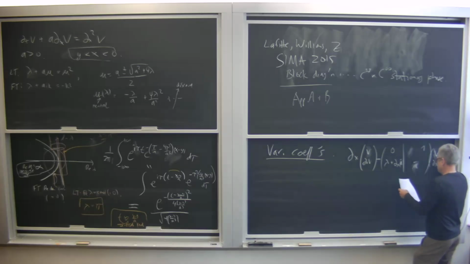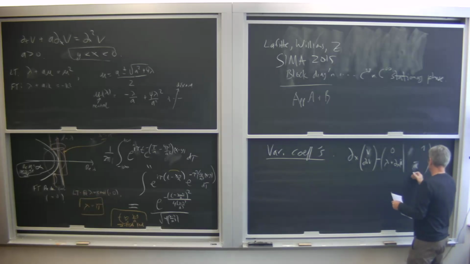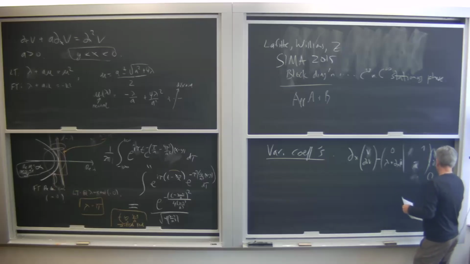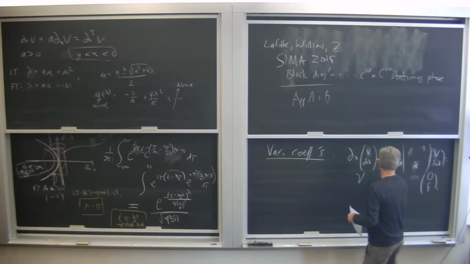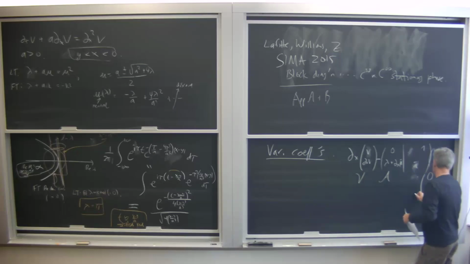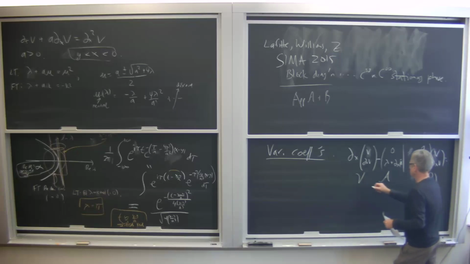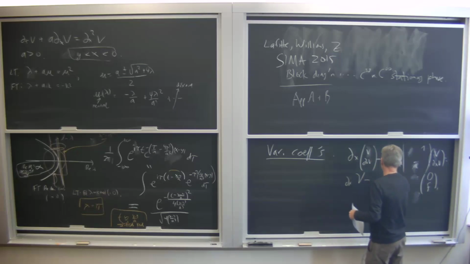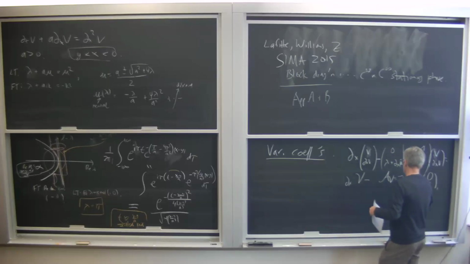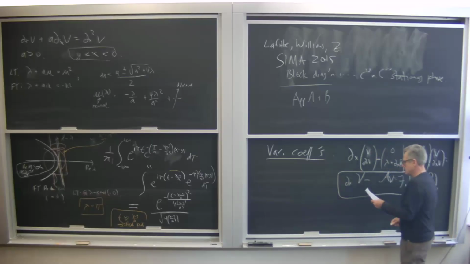V equals 0 f. And we'll call this V, we'll call this script A, and we'll call this script F. That's how we write it.